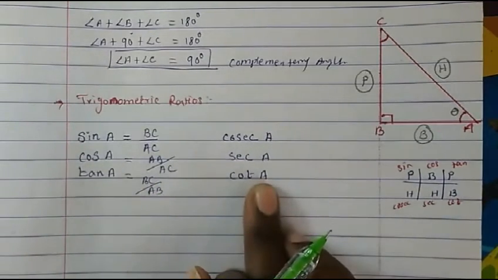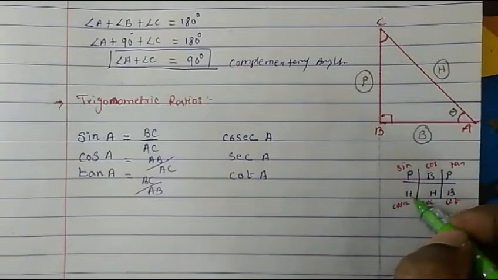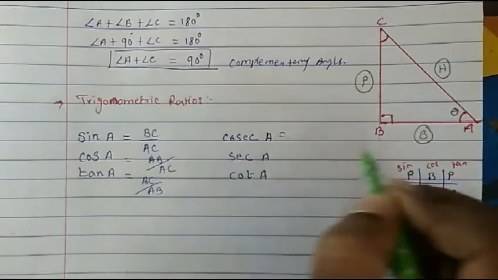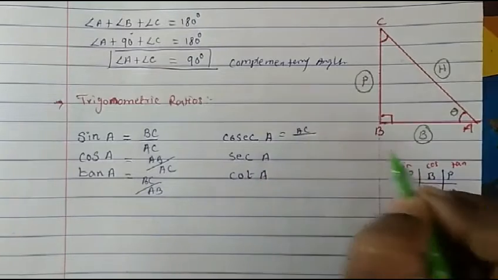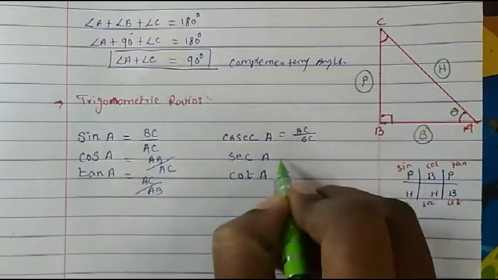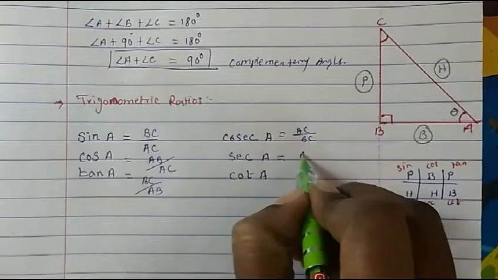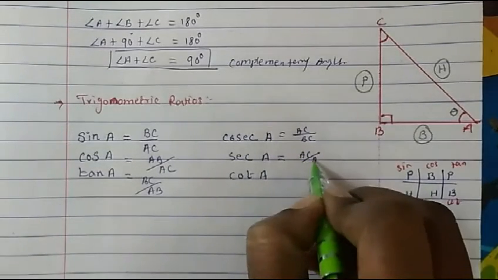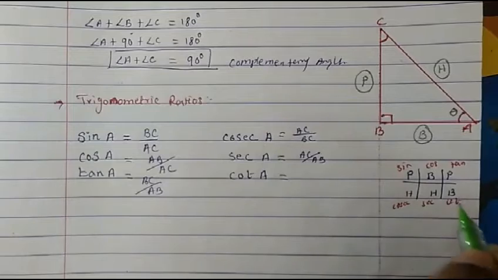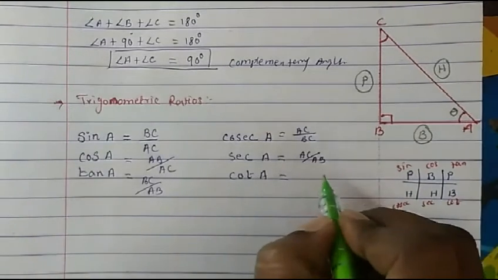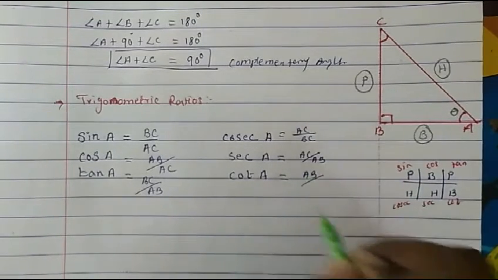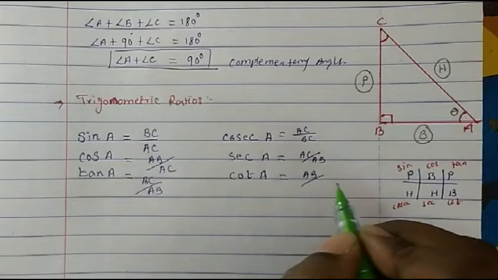Same way for cosec: hypotenuse upon perpendicular, so hypotenuse is AC, perpendicular is BC. Then sec is hypotenuse upon base: hypotenuse is AC, base is AB. Cot is base upon perpendicular: base is AB and perpendicular is BC.